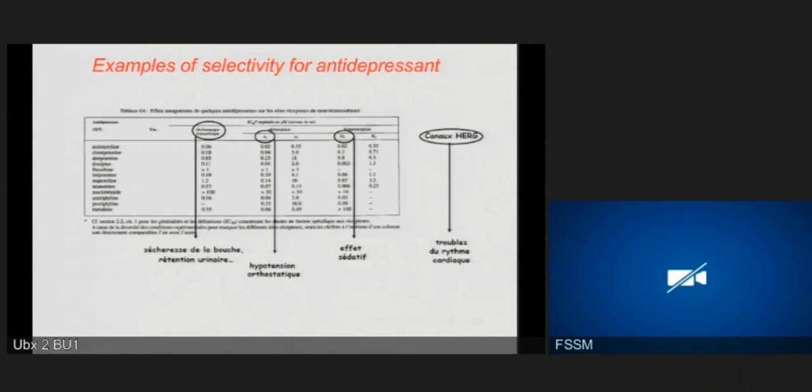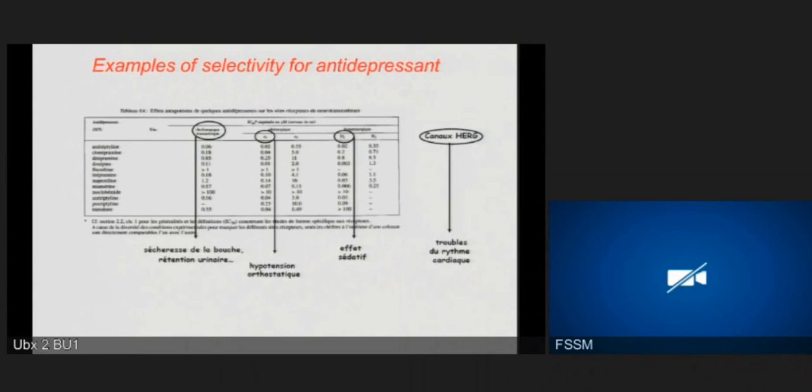These affinities are even better than the ones that are needed to reach the target that is important for the therapeutic benefit. And I mean the noradrenergic and serotonergic transporters.